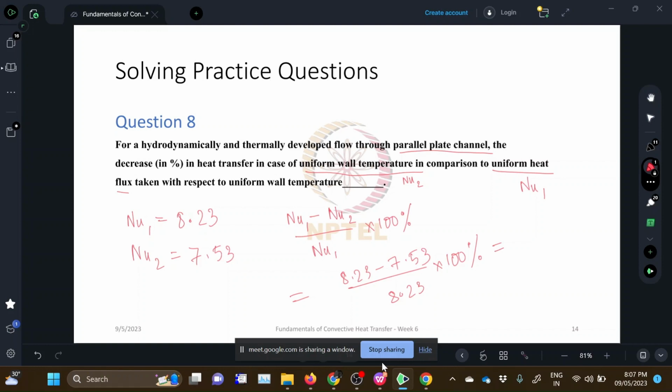So 8.23 minus 7.53, this is how much? Again, 0.7. These differences turn out to be 0.7 every time. Anyway, this is just by coincidence, and it's not that every time it will be 0.7. So now 70 by 8.23, how much is that?